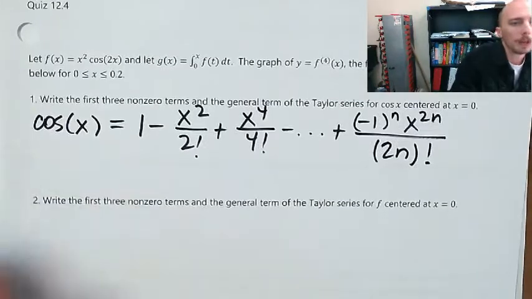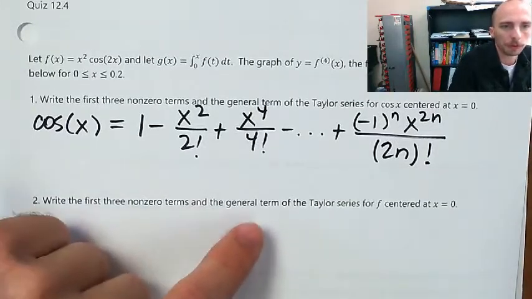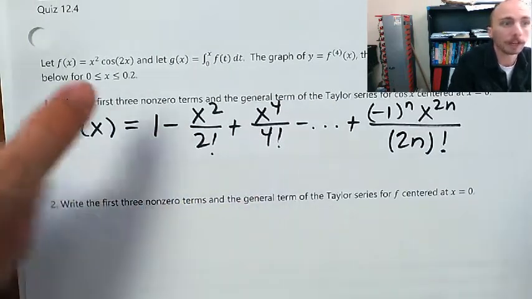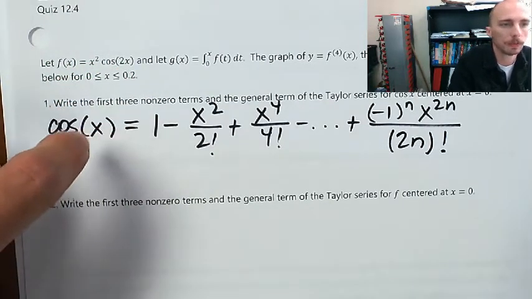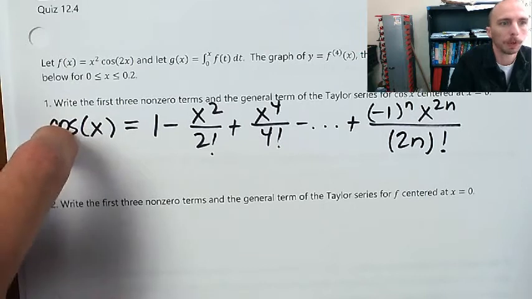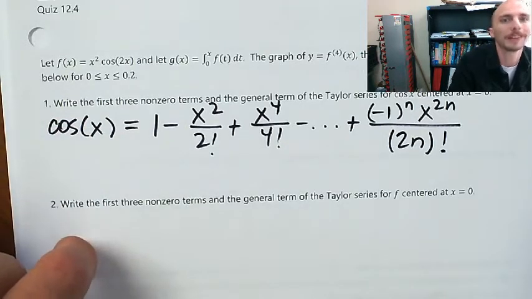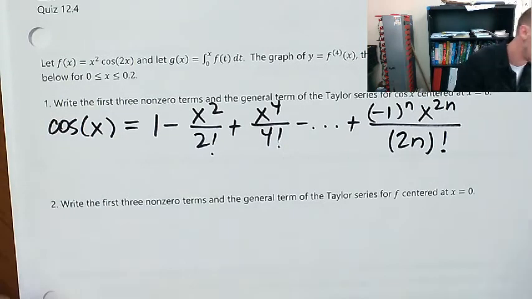Now we're going to write the first three non-zero terms and the general term of the Taylor series for f at x equals 0, where f is x squared multiplied by cosine of 2x. I'm going to start by working with cosine x, replacing x with 2x, and then I'll multiply by x squared.